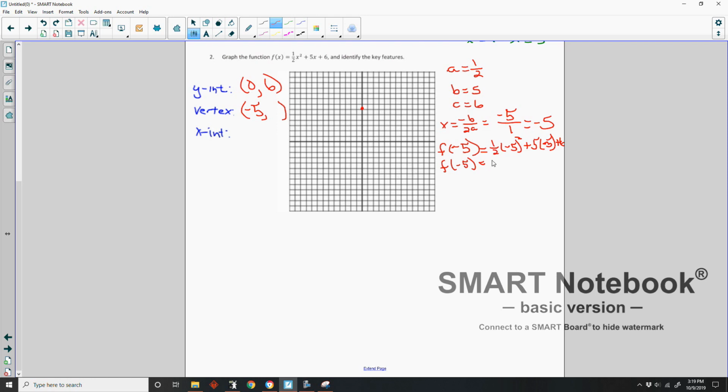Half of 25 is 12.5. Negative times a positive is negative, so it's minus 25. Plus 6. So f of negative 5 equals 12.5 minus 25 is negative 12.5, plus 6 is negative 6.5.